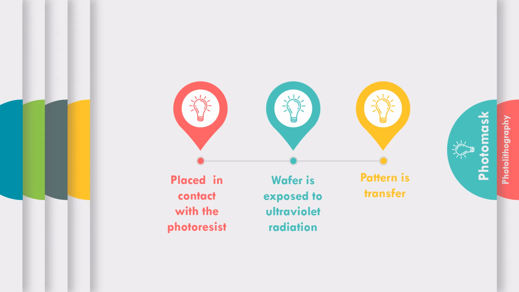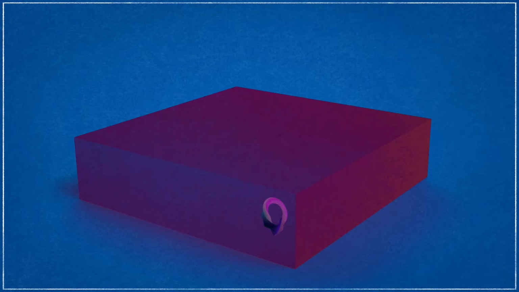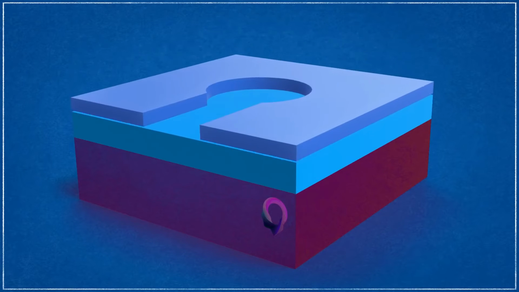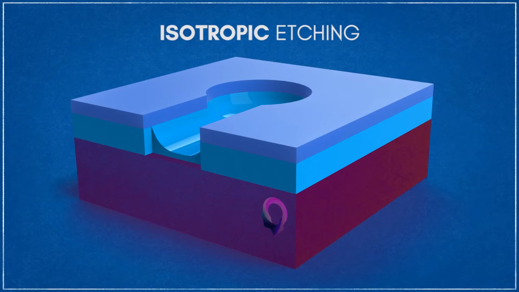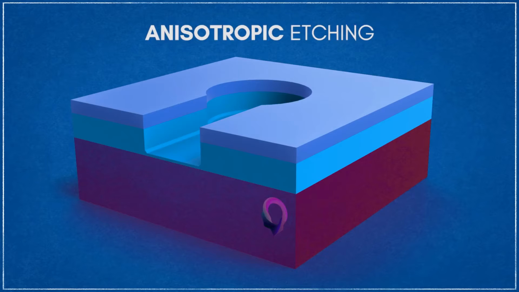After the photolithography, it is necessary to use bulk micromachining. Bulk micromachining involves the removal of part of the bulk substrate. It's a subtractive process that uses wet anisotropic etching or a dry etching method to create large pits, grooves, and channels.